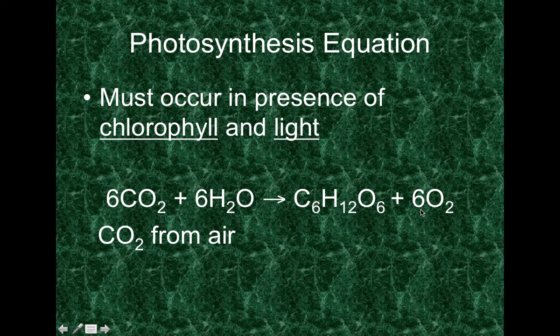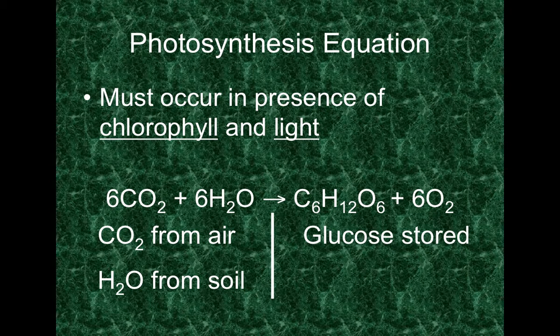We get the carbon dioxide from the air, and the water comes from the soil for the plant. The glucose gets stored in the leaves, and that's how the energy gets transferred through the food chains and food webs, and then the oxygen is released into the air, and the heterotrophs use that.